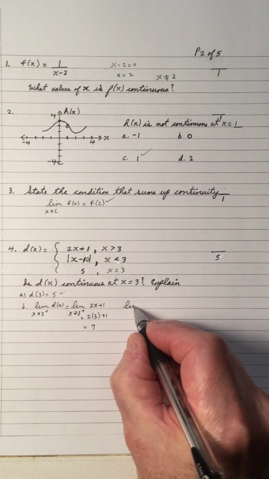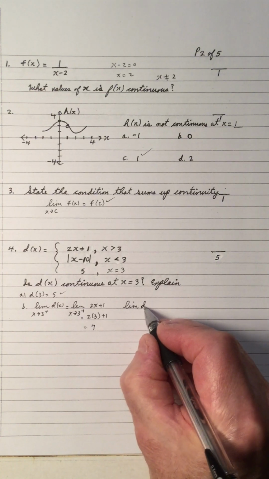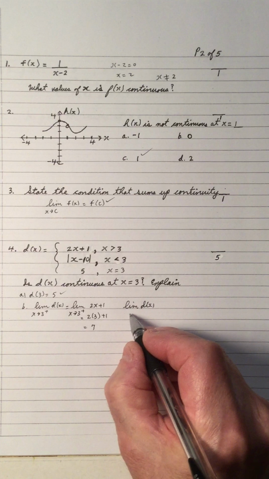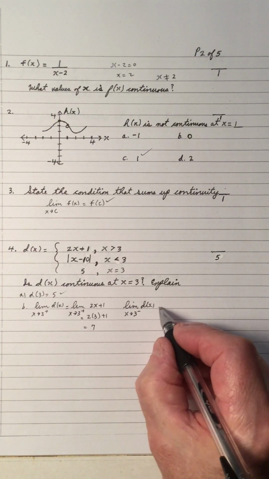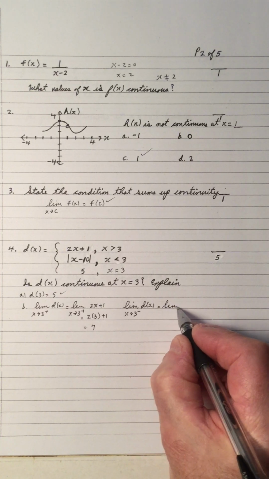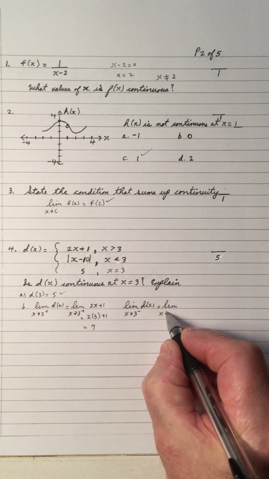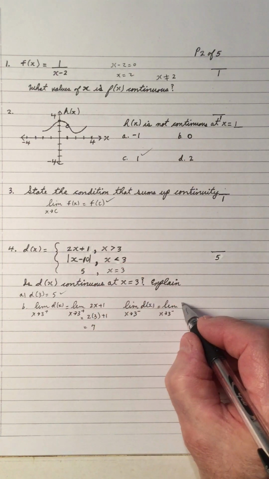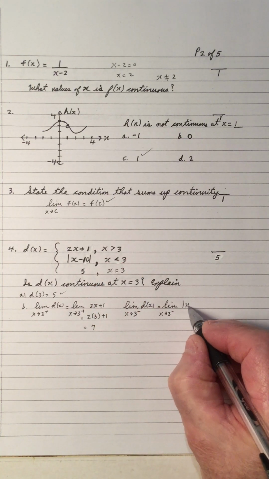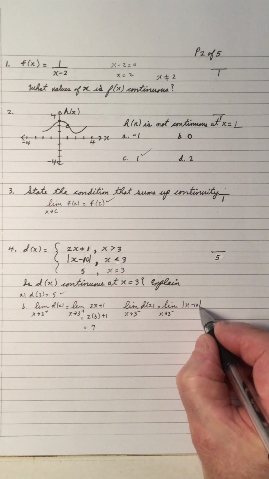We also have to find the limit of d of x as x approaches 3 on the left. Let's look at the left, which is x less than 3. This function is the absolute value of x minus 10.